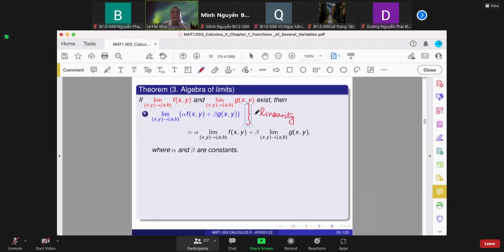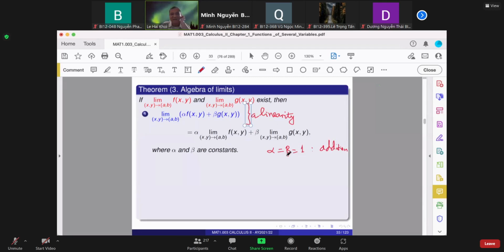So what is that? This is linearity. You study it in linear algebra, like a transformation, right? Because when alpha and beta are 1, you have addition: the limit of f plus g is the limit of f plus the limit of g.